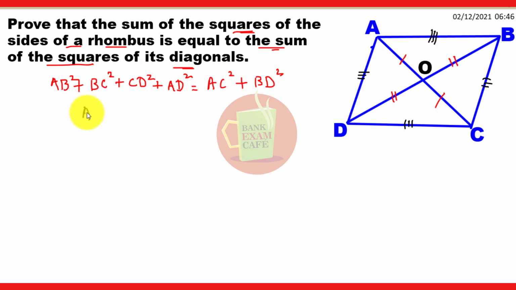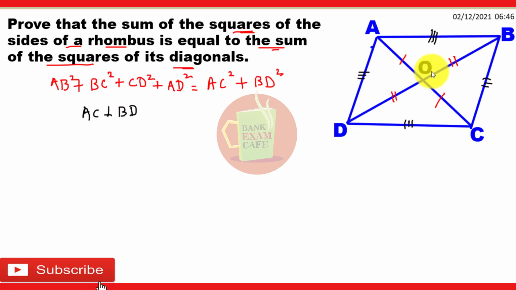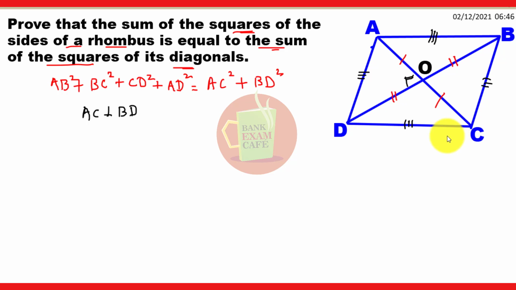Here we know that AC is perpendicular to BD, because the diagonals of the rhombus bisect each other perpendicularly, so this angle will be 90 degrees. So AC is perpendicular to BD, and also OA is equal to OC and OD is equal to OB.